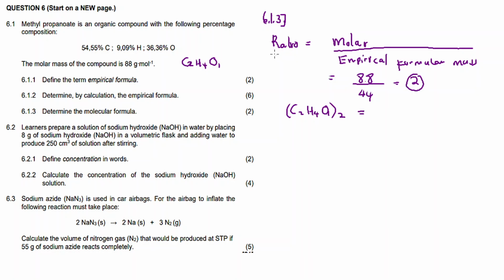This number is the ratio between the true molar mass divided by the empirical formula mass. It's a factor. The whole exercise was to find a factor and multiply the empirical formula by it to get the true molecular formula. So 2 times 2 is 4, so it's C4, 2 times 4 is 8, 2 times 1 is O2. This is our molecular formula.